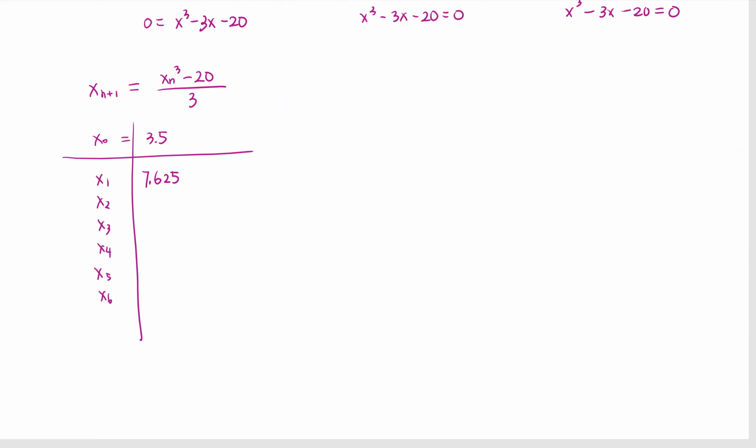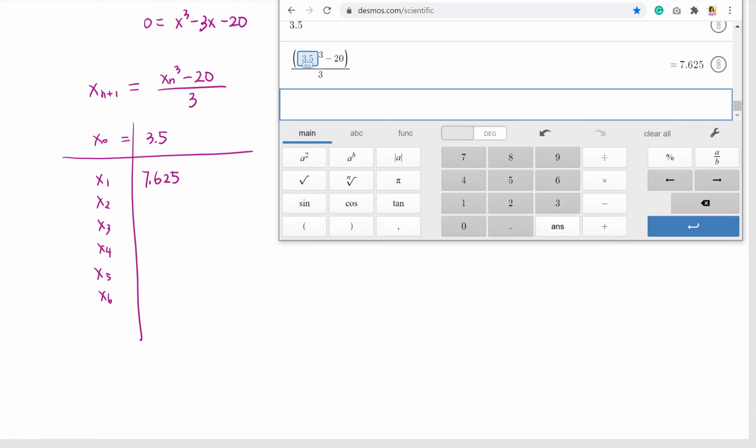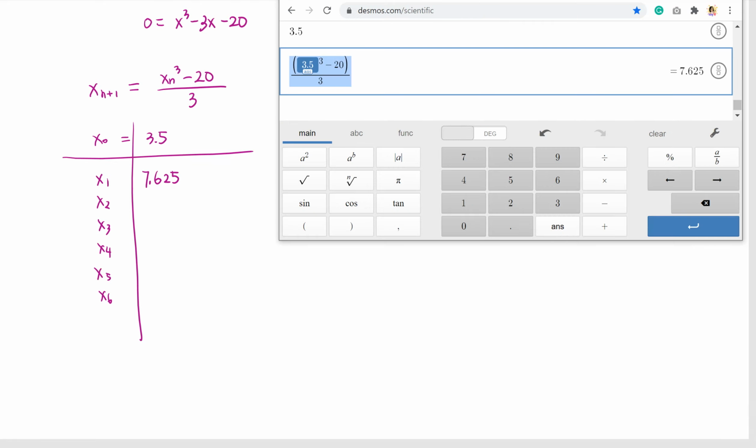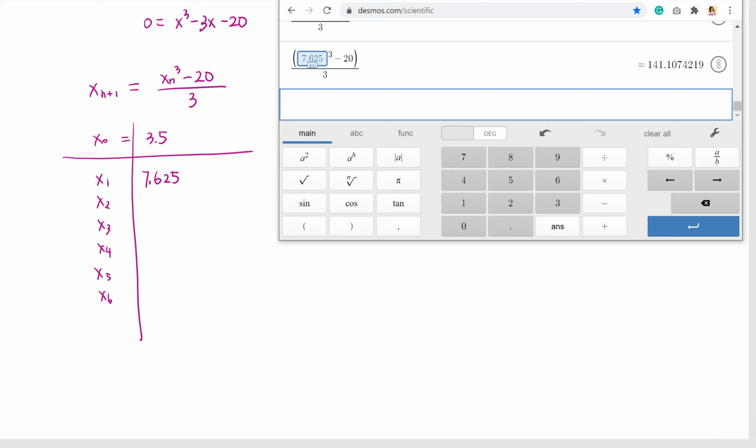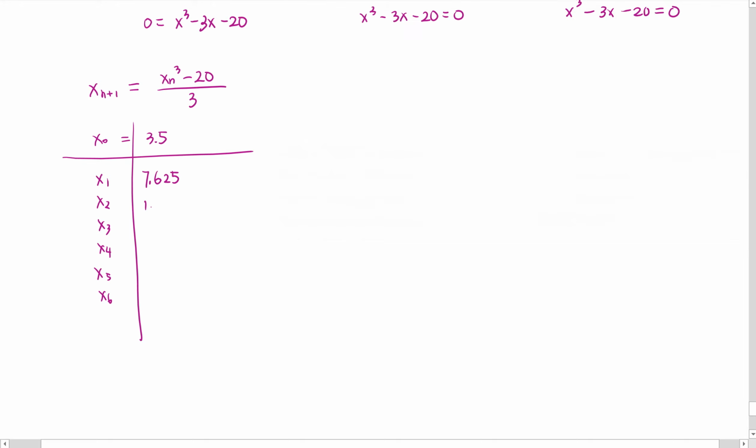All right. So now we just continue and enter, right? So copy this, enter here. Wow, 141.1074219. Wow, we can say it diverges, right?